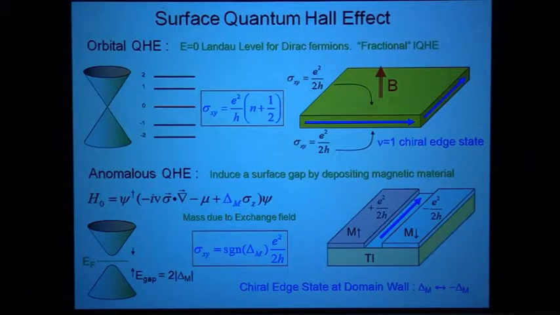Yes? So this chiral mode, is it spatially separated into 2, or is it really just one mode? It's spatially separated into like 2 halves, which can be very far apart. Well, let's be careful. In this picture, I haven't specified what's happening on all of the other surfaces of the TI.